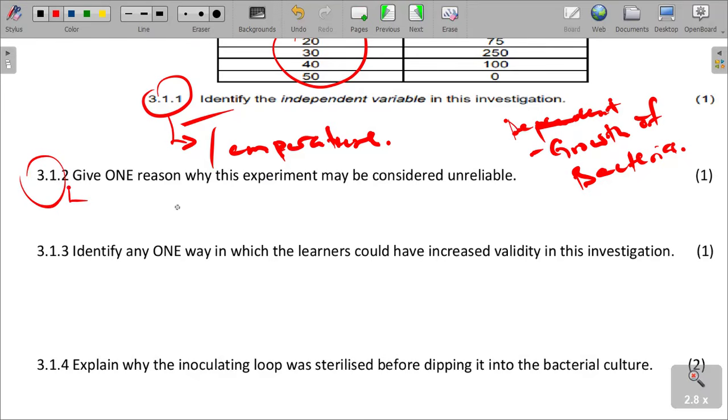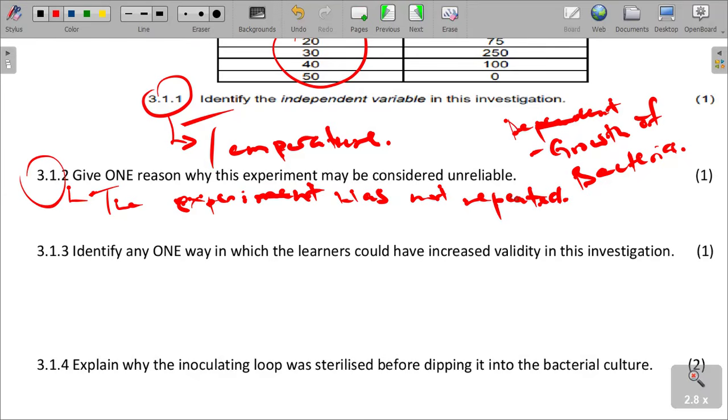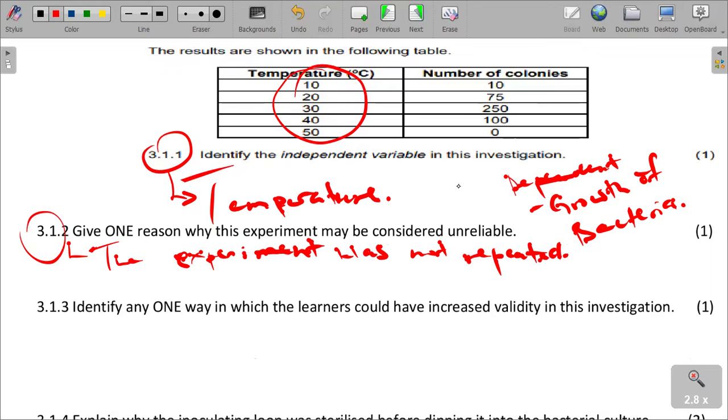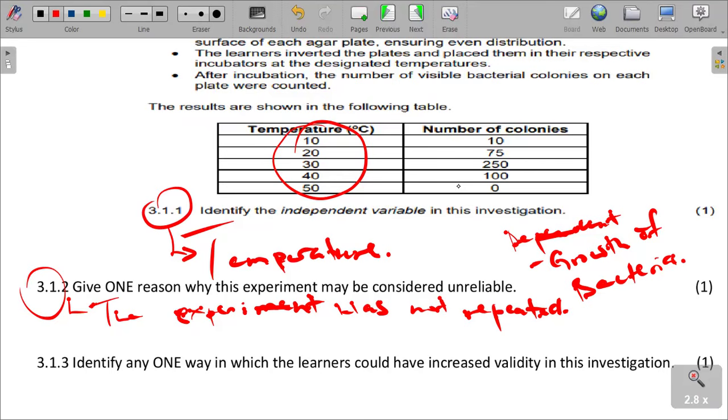So one, the experiment was not repeated. Therefore, we cannot base our conclusions on the results. There is no repetition of the investigation.